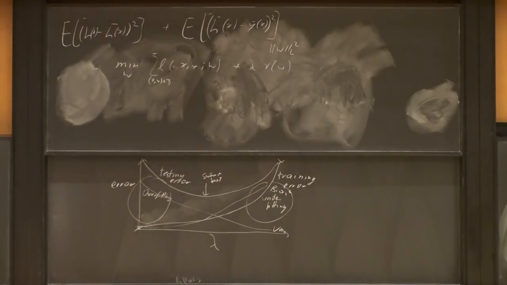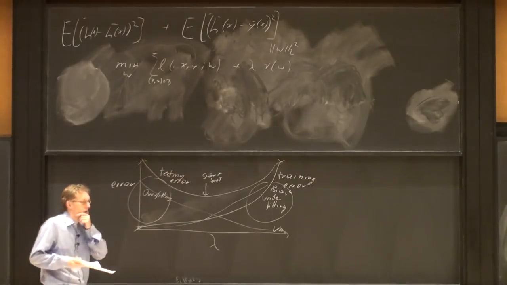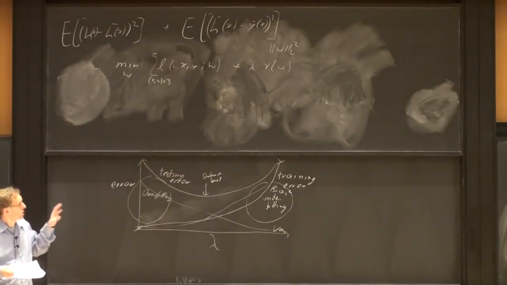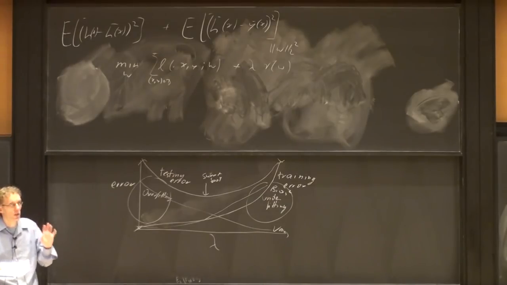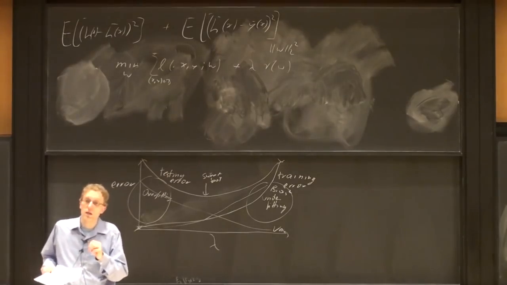Okay, any questions about this? Yeah? Does it only apply to certain regularizers, like the correct ones? This generally applies, but if you have the wrong regularizer, you are increasing bias more, I presume.